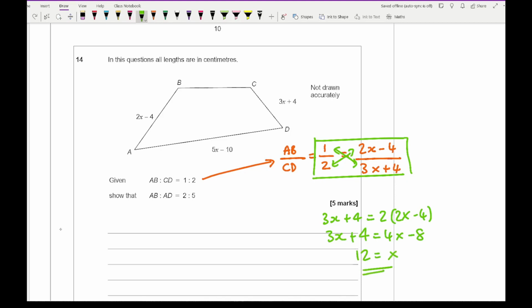Then from this, let me just draw an arrow going over here, we then get AB is going to be 2 times 12 take away 4, which is going to give me 24 take away 4, which is 20.